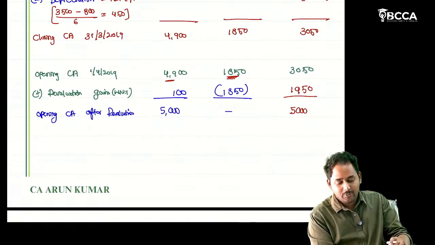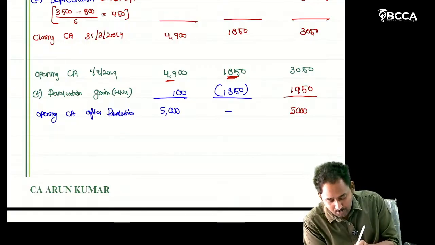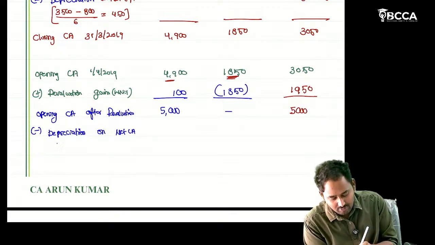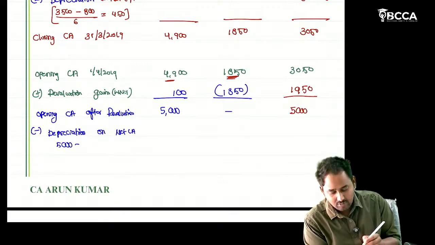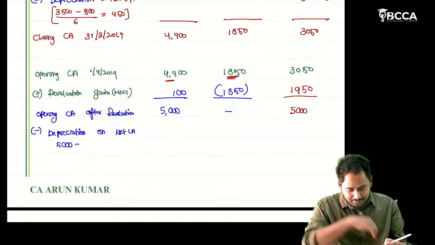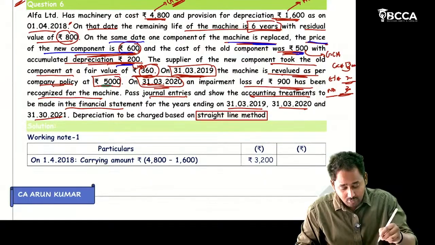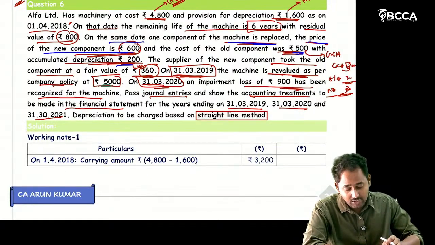Then, opening carrying amount after revaluation. Then I should provide the depreciation. The depreciation is always provided on net carrying amount. Now tell me what is the net carrying amount? 5000. What is the depreciation? Is there any change in the residual value or useful life as on 31st March 2019 or 1st April 2019?